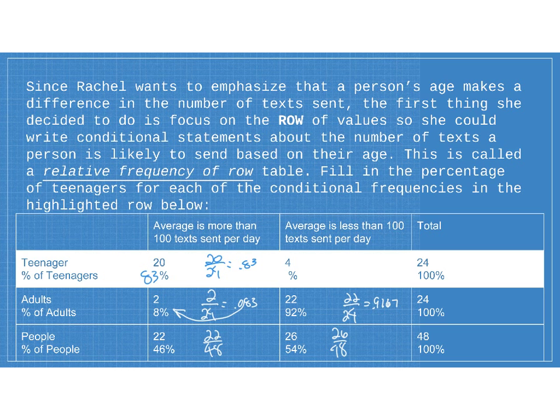And then 4 divided by 24 gives us 0.1667 or 17%. Now if you notice, 83 plus 17 gives us 100. 8 plus 92 gives us 100. 46 plus 54 gives us 100. Now this direction does not work because we were just dealing with row only. And so it's relative to that row.